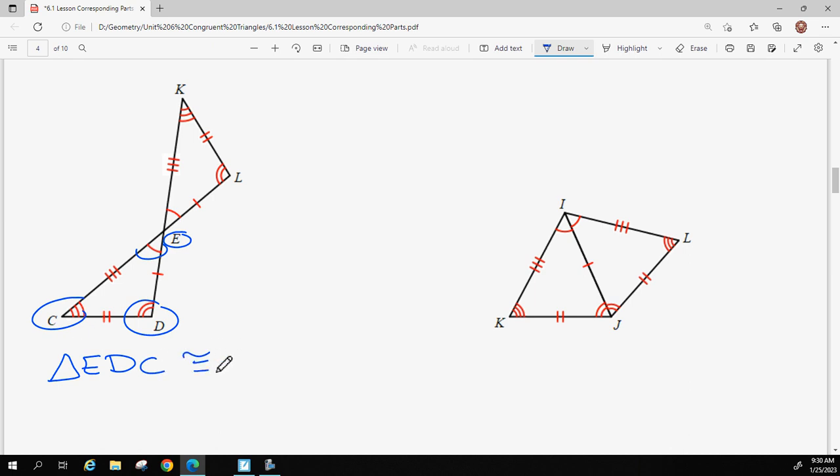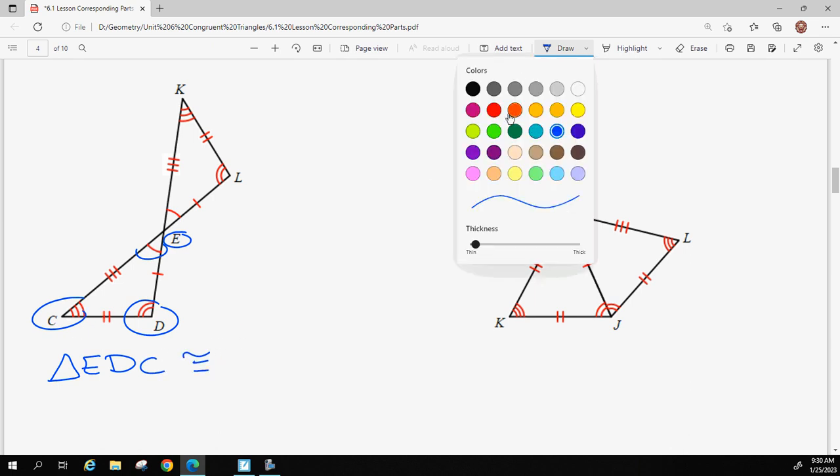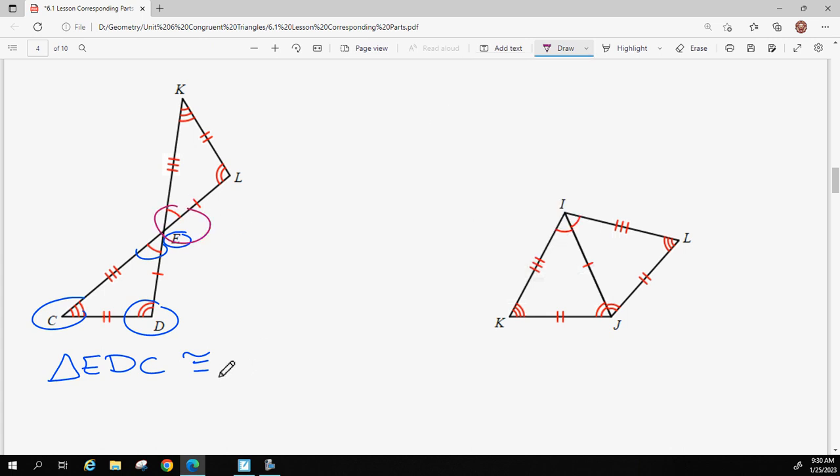So now when I go write the name of my second triangle, I can go 1 mark E, 2 marks L, 3 marks K. And I know that the first letter in each triangle are the 2 matching angles there. The second letter, D and L, they both have 2 marks. They match. And K and C have 3 marks and they match. And we have to have them in the right orders here.